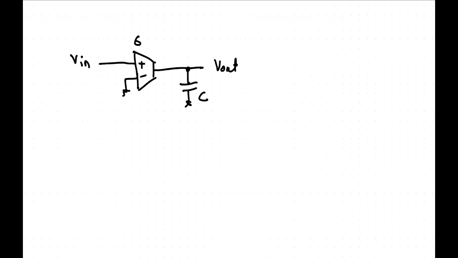So transconductance GM. The current that flows in this is going to be V in times GM. So the output voltage is going to be equal to the current that flows in the capacitor times the impedance. So that's going to be V in times capital GM times the impedance of the capacitor, which is 1 over sC. So this is an integrator. Yeah?